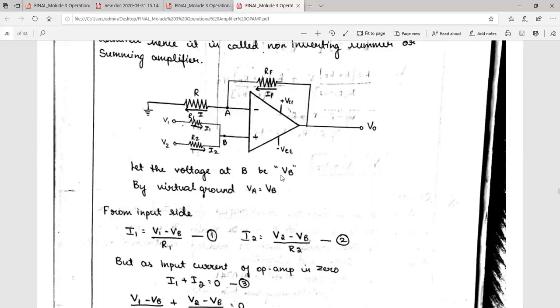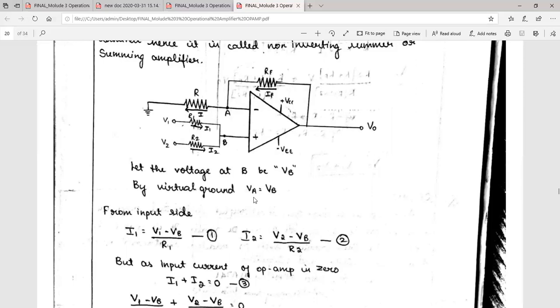As of now, we are just terming it VB because we don't know the exact voltage at that point. If it was connected to ground, we could have called it 0. Or if it was connected to only one V in, we could have termed it V in. So right now, we just term the voltage at that point VB, and by the virtual ground concept, VA is equivalent to VB.